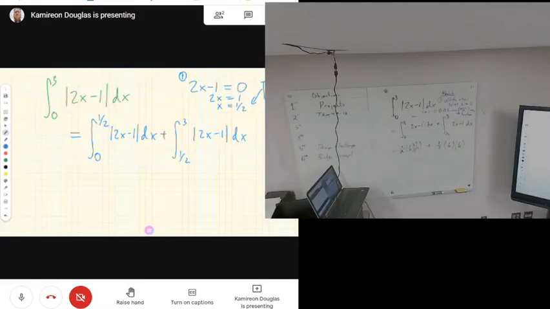So now I decide, step 2, the signs. What I do is I take that 2x minus 1, and I plug in numbers to the left and to the right, and see what happens. So if I plug in 0 into 2x minus 1, I end up with a negative number. What does that tell me about my integral?